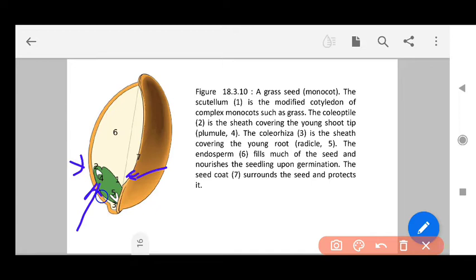The third part is also the coleorhiza. The fourth is the plumule, and the fifth part is the endosperm, which fills most of the seed and nourishes the seed upon germination.